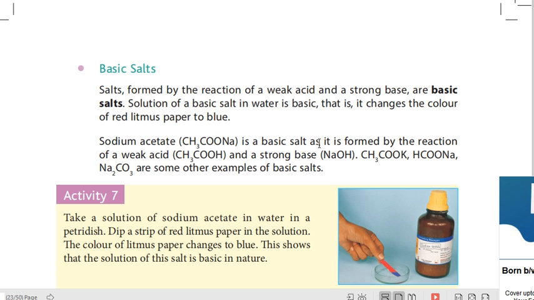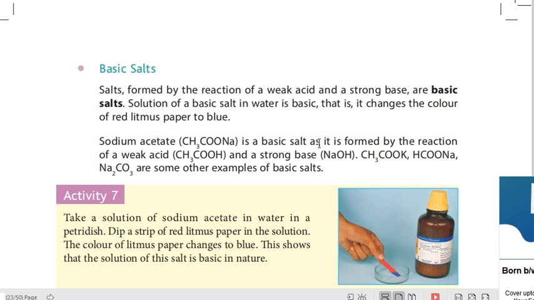Okay. See, take an example of a salt like sodium acetate. Sodium acetate has the acidic component acetic acid and the basic component sodium hydroxide. Here the base is sodium hydroxide and the acid is acetic acid. So the salt formed is basic in nature and it is called a basic salt.